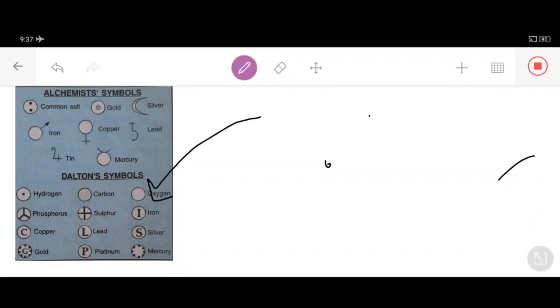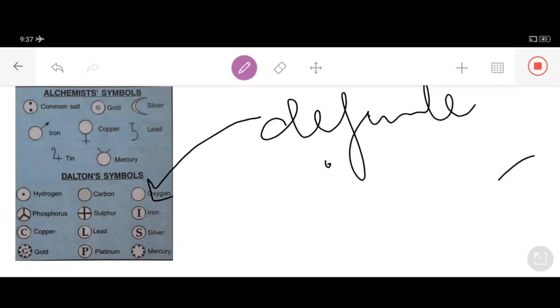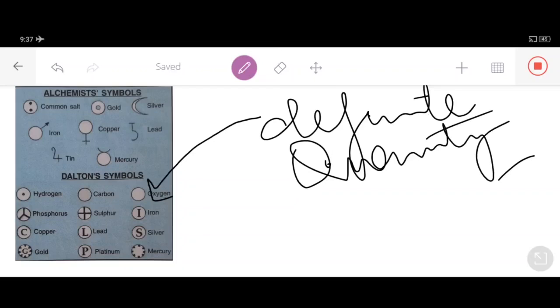Keep in your mind that when Dalton used a symbol for an element, he also meant a definite quantity of that element, that's one atom of that element.